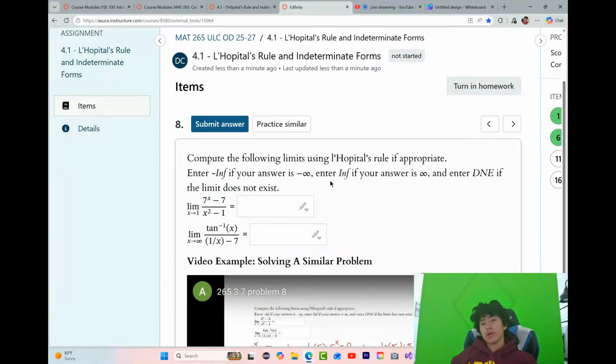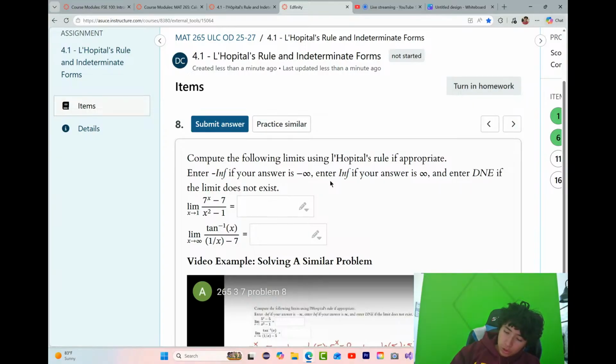Let's try to understand this a little more intuitively. As x tends to 1, 7 to the power of 1 minus 7 is 0. 1 squared is 1, 1 minus 1 is 0. 0 over 0, that's an indeterminate quotient.